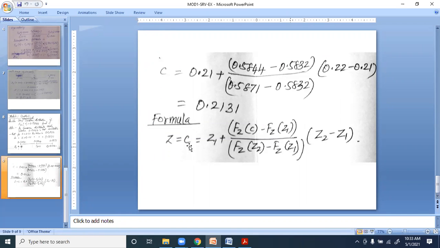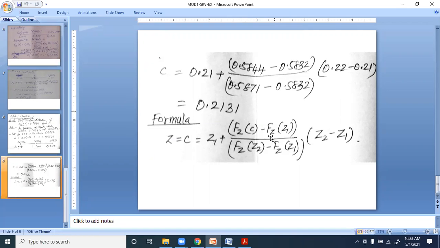So I have written the formula here. Z equal to C is equal to Z1 plus (F(C) minus F(Z1)) divided by (F(Z2) minus F(Z1)), multiplied by (Z2 minus Z1), right?